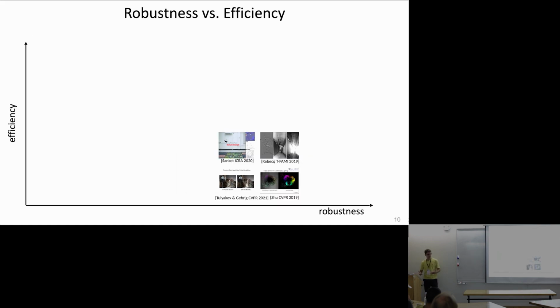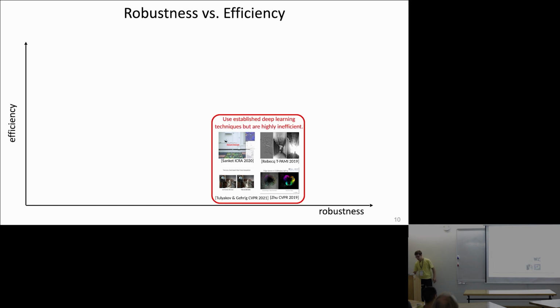So these methods are very good, but they're also highly inefficient. Events are sparse, and there's a lot of redundancy in the data. But the issue is that when we generate images, we're actually adding a lot of artificial zeros into the data structure. And this means that they still consume quite a lot of power. The reason why they work so well is because they're using existing networks and existing learning paradigms, and these work very well.